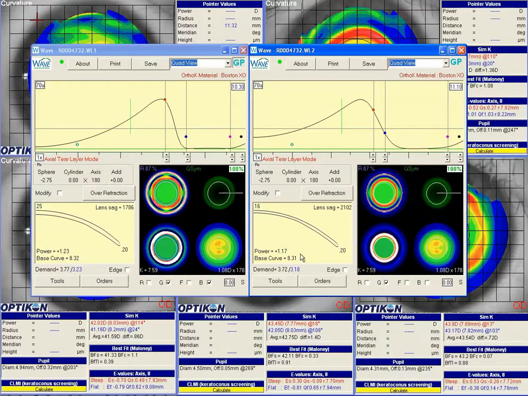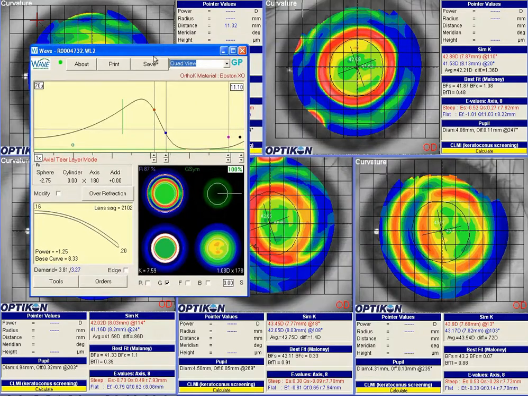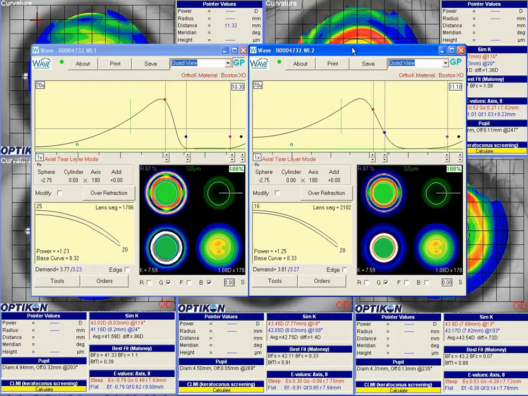I believe the second lens was around 1.17. Why don't we go back to the 1.23 that we had for the first lens, since the patient is a little bit undercorrected. And then another question we want to look at is whether the patient is undercorrected because the treatment is decentered, or if it's because of the changes to the lens, perhaps the decrease in the power or the increased sagittal depth of the lens.